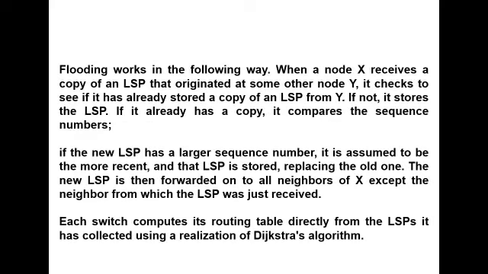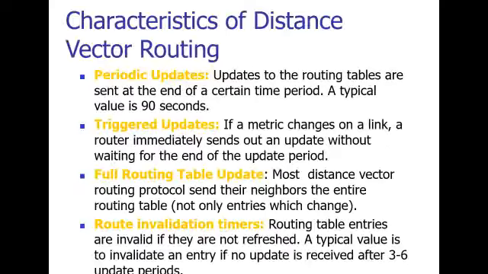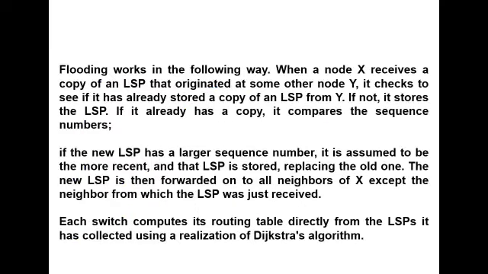Suppose X receives a packet from Y, then it checks the sequence number. If the sequence number is newer than the previous one, then that packet will be treated as more updated, and the routers will update their routing table on the basis of this information.